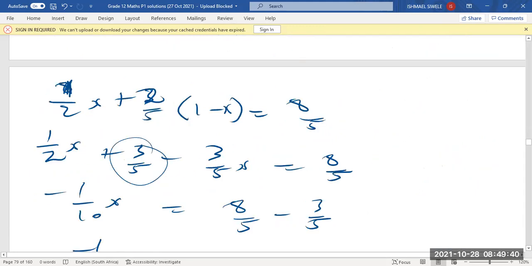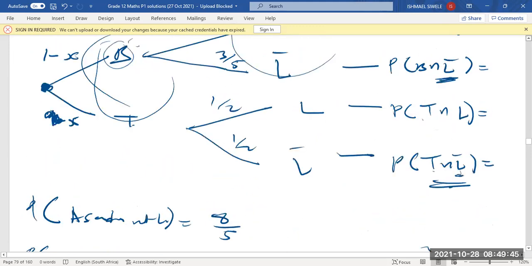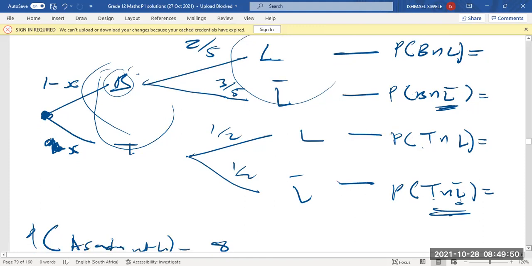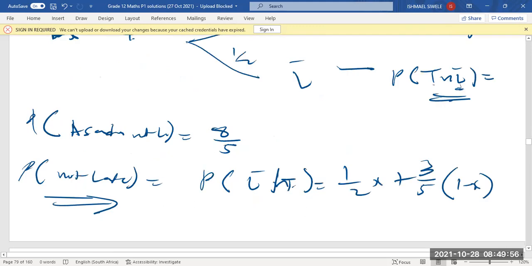Because as you can see here, what is it that we have? We have 1/2 multiplied by x. They're saying the probability of not being late at all, right? So the probability of not being late, they give us as 8/5. And we said the probability of not being late requires that the term is 1/2 multiplied by x.